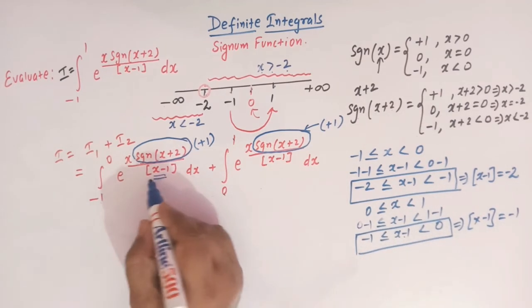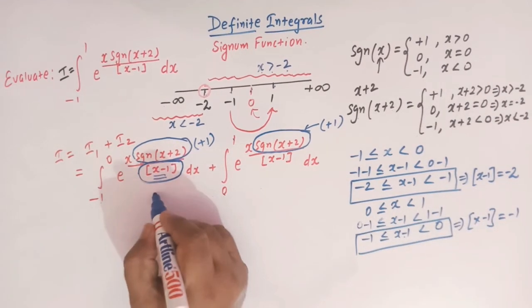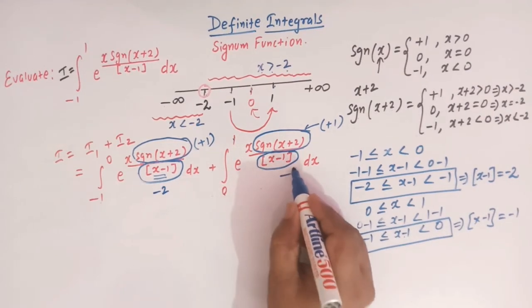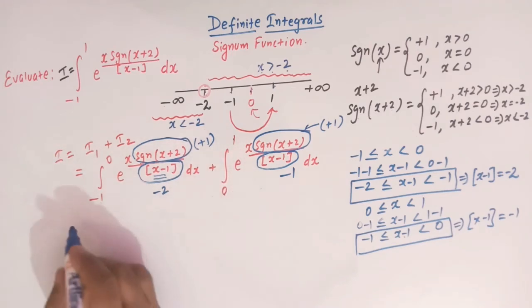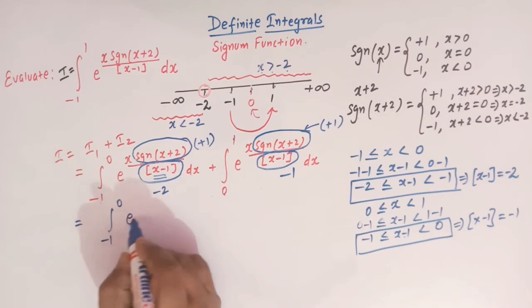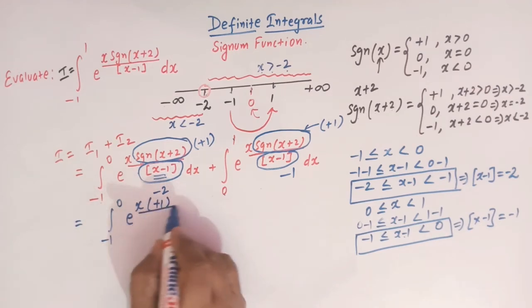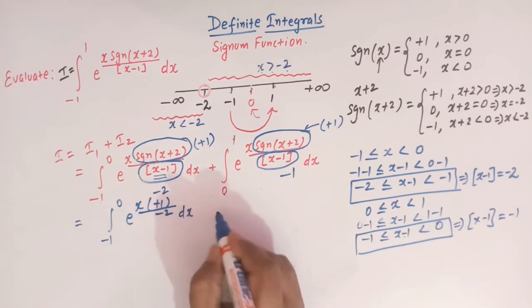Okay, so here this value is equal to minus 2, and this value is equal to minus 1, right? So now we can rewrite these two integrals as minus 1 to 0, and we have e raised to x, here we have plus 1, and divided by minus 2, and here we have dx.